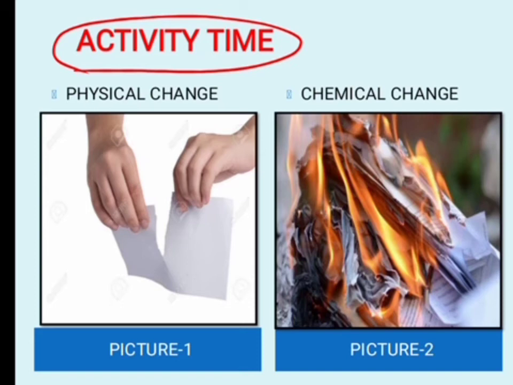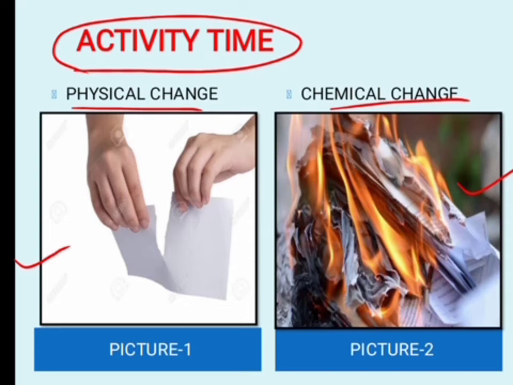In this slide, we have two pictures which represent two different types of changes. One is physical change and the other is chemical change. The first picture shows tearing a paper, which is simply a physical change because no new substance is formed.